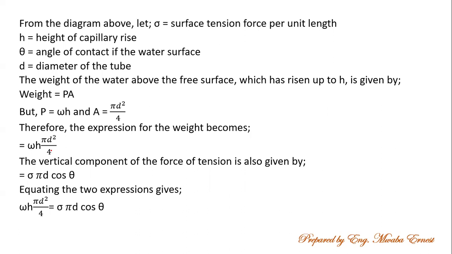And already you can see the pi's being common, pi d, pi d. So once you proceed, you find that your height is going to be 4 times the surface tension force per unit length multiplied by cosine of the angle, over the specific weight times the diameter of the capillary tube. This is the height to which the capillary will rise, or we call it the capillary rise height, or the height of capillary rise.